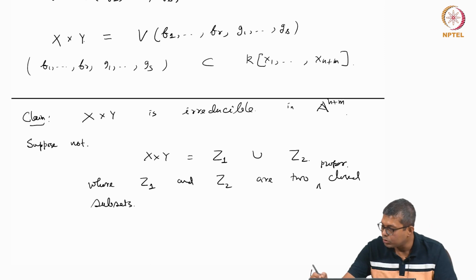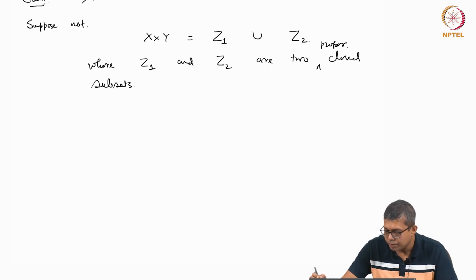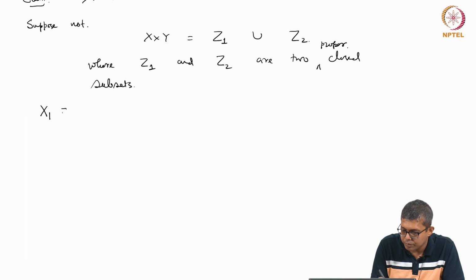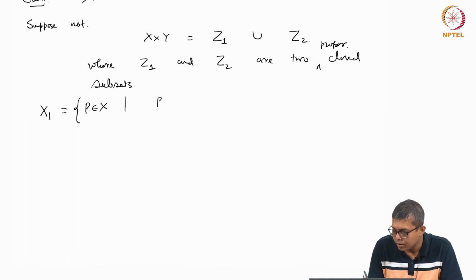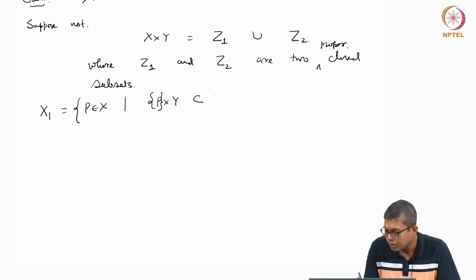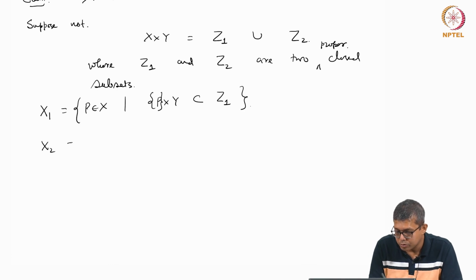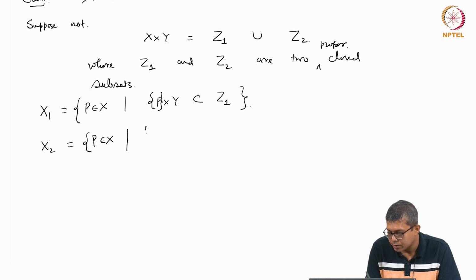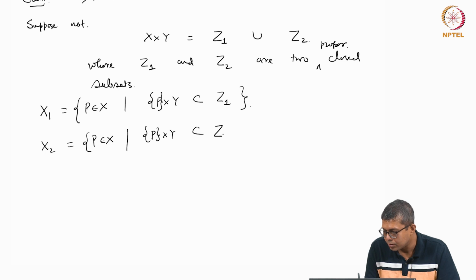Now I define two sets. X1 is the set of all points P in X such that P cross Y is in Z1, and X2 is the set of all those points P in X such that P cross Y is in Z2.